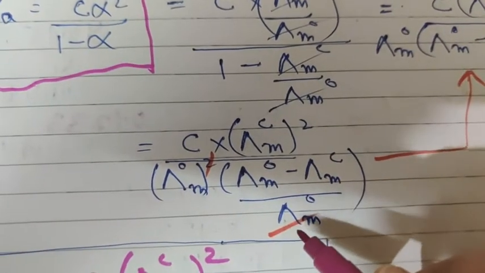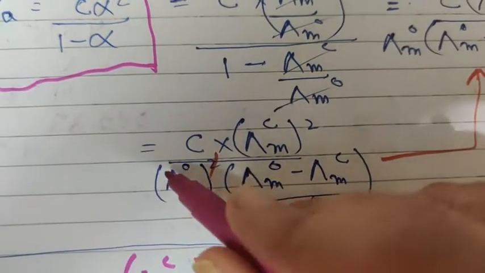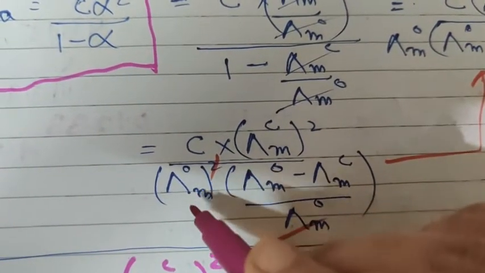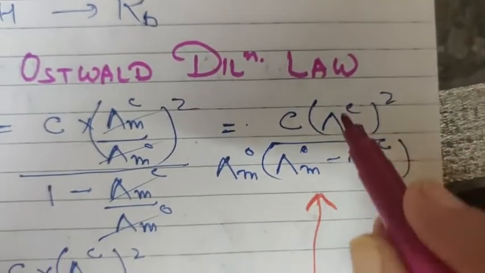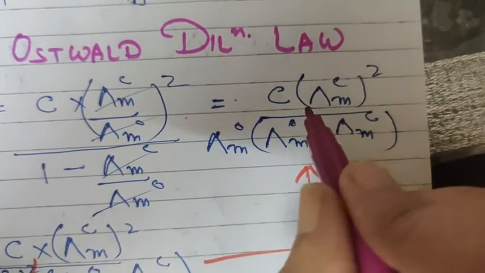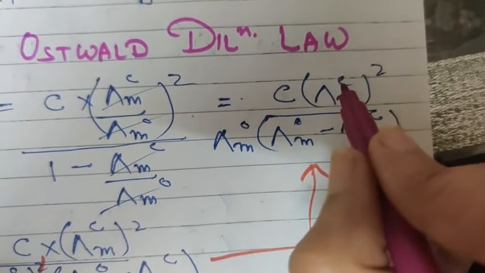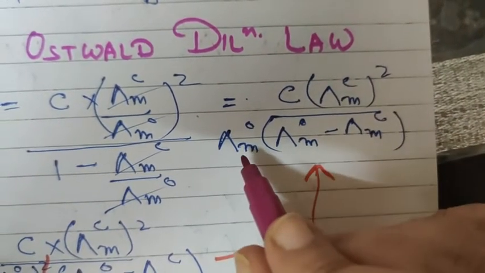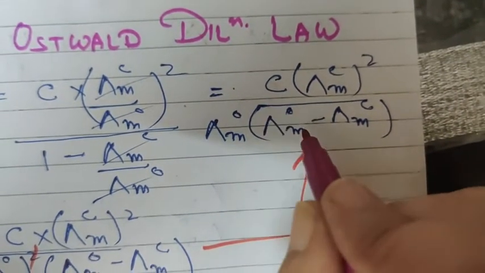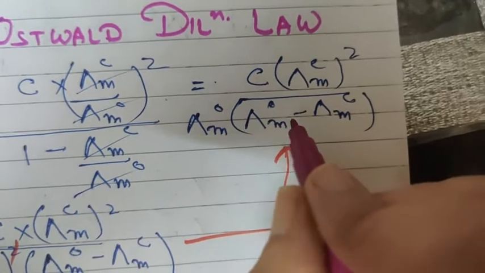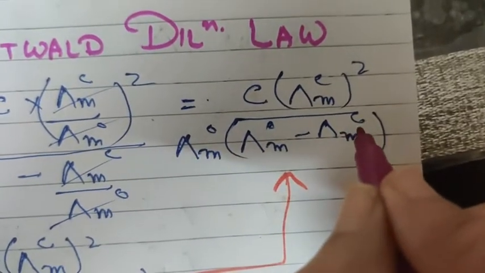So in the next step, this and this will get cancelled off. So we will get the final formula as C into molar conductivity at any concentration square upon molar conductivity at zero concentration, and in bracket you will have molar conductivity at zero concentration minus molar conductivity at any concentration.